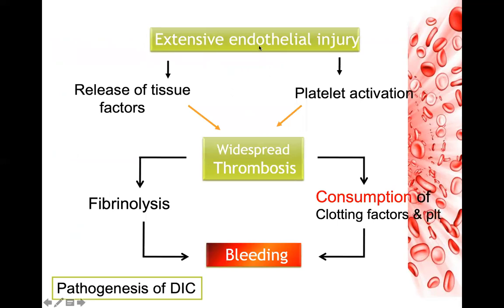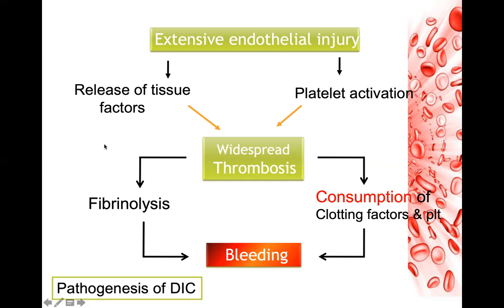There would be excessive endothelial injury, release of clotting factors from the tissue, and also platelet activation. The result would be a widespread thrombosis, since the presence of the thrombus would entail the consumption of clotting factors and platelets.